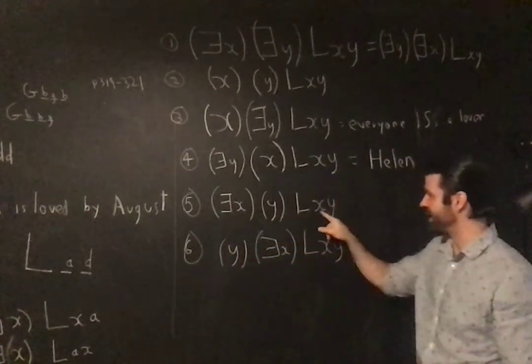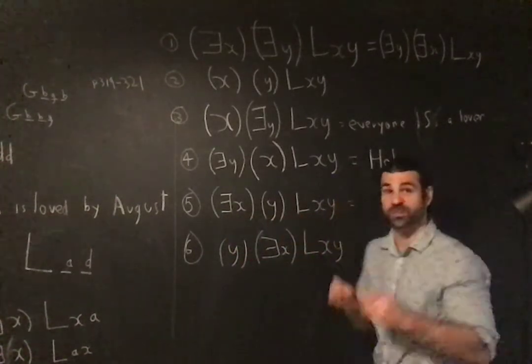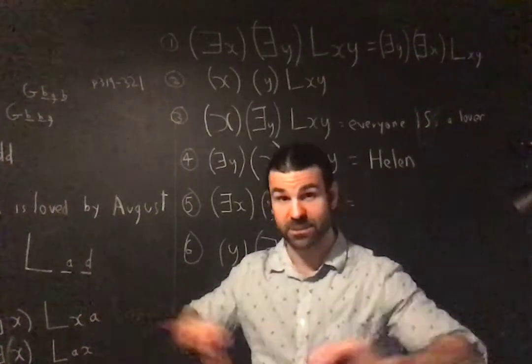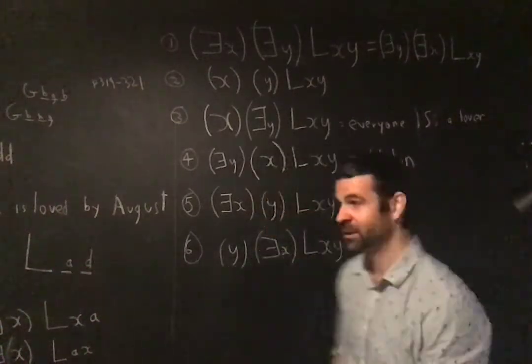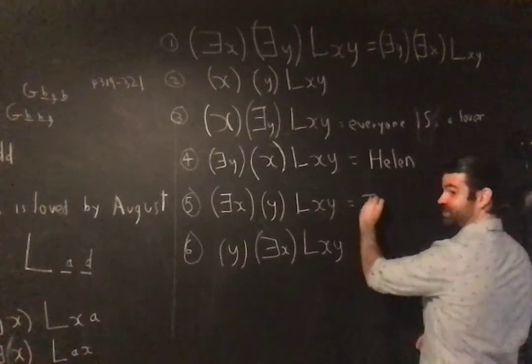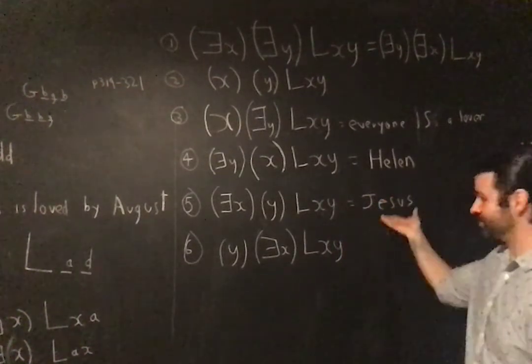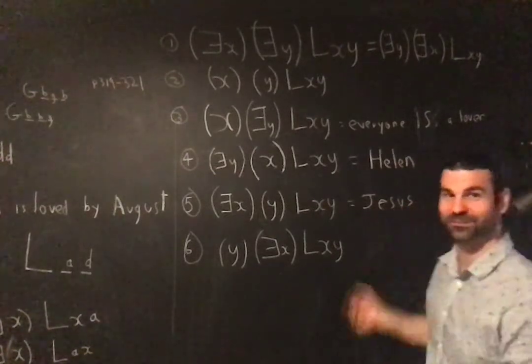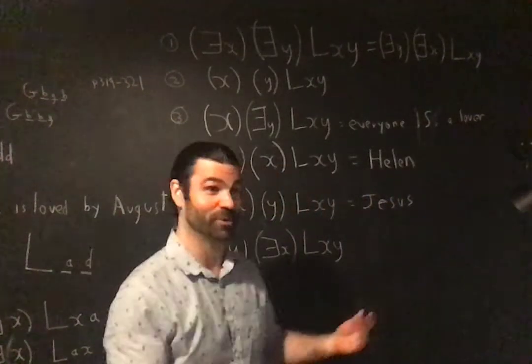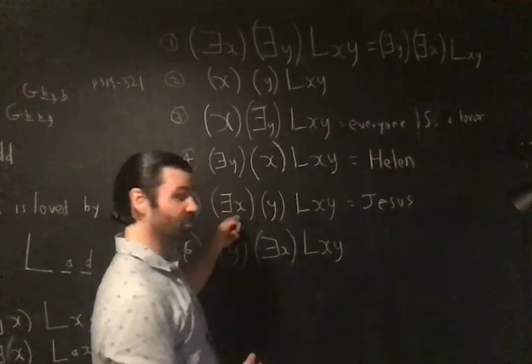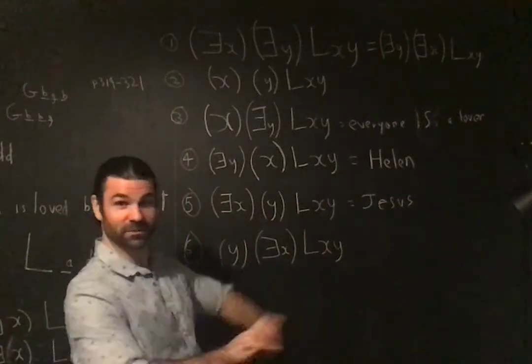For every single Y, X loves Y. So there is someone that loves all of the people, right? I call this the Jesus sentence, but substitute in your favorite prophet or great person from history who loves everybody. There is one that loves everybody.